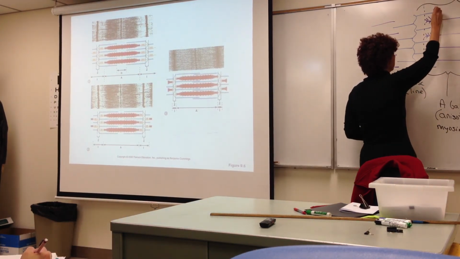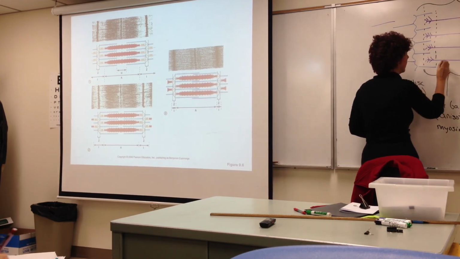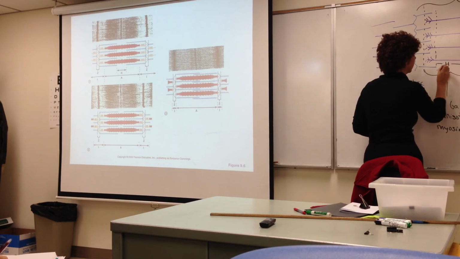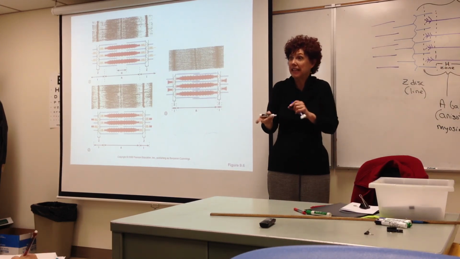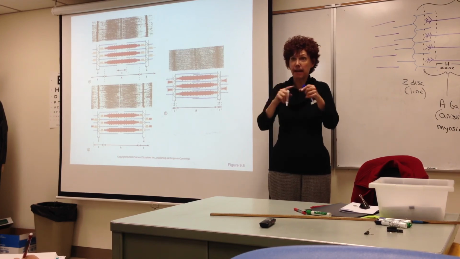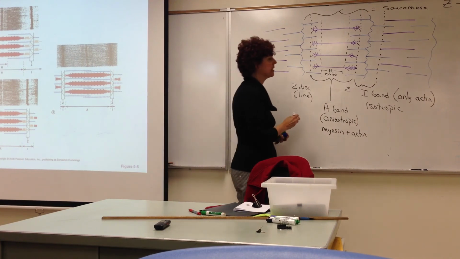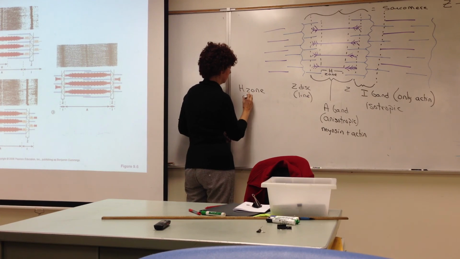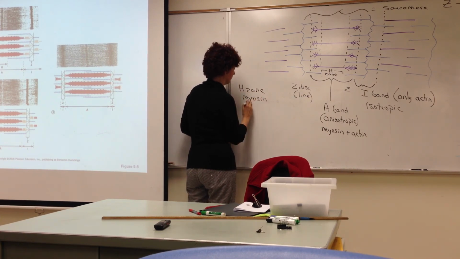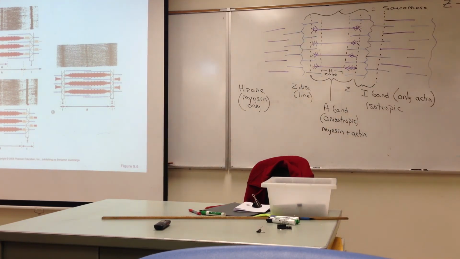So here, this would be the H zone. It's a little bit lighter because it's myosin by itself, right? So the H zone is myosin only. It's a subset of the A band.